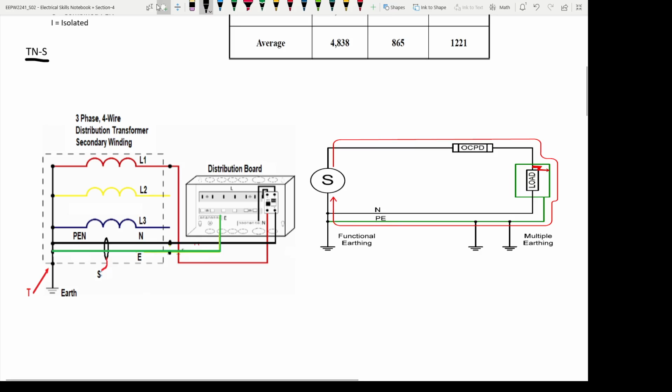Usually, this path for the fault current provides a certain resistance. This resistance is called the earth fault loop impedance. Okay, earth fault loop impedance.